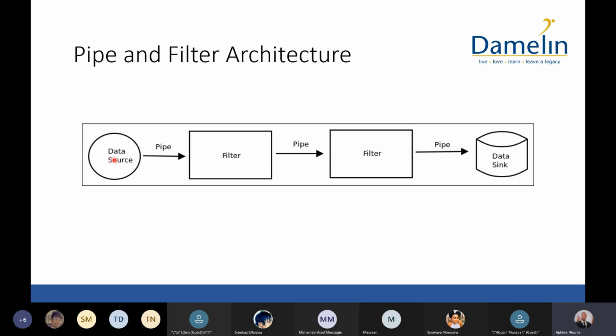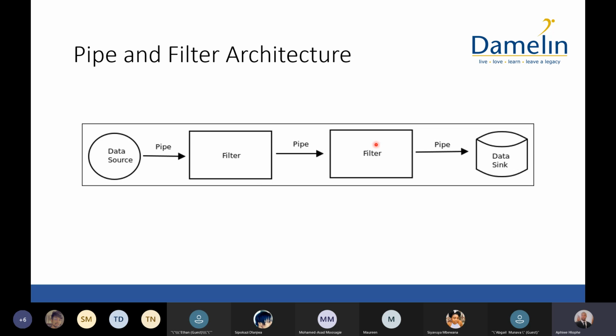So the data goes from its original source to the data sink. By the time it arrives at the data sink, it would have grown in value. It would be telling the bigger picture. So we refer to it as the transformed version of the data. It goes through all of these different transformations as it's going through the different filters or components. So that's what we mean by pipe and filter architecture.